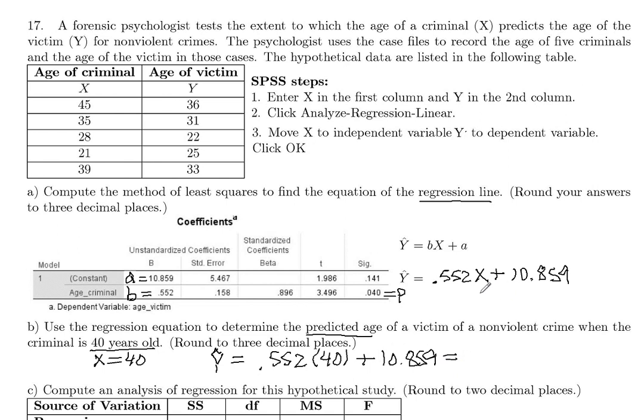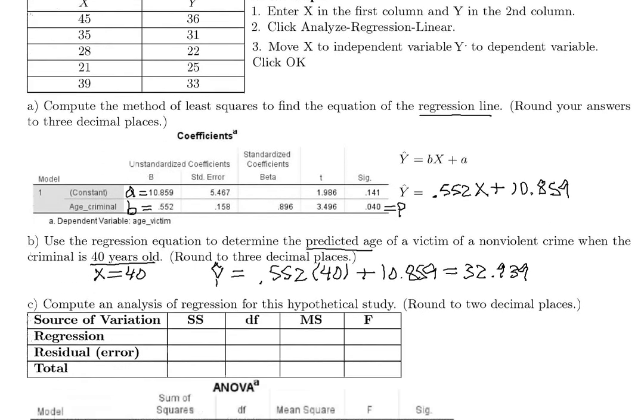And if you key that into the calculator, you will get 32.939. So approximately 33 years old is what we could predict for the victim's age. So that's part A and B.